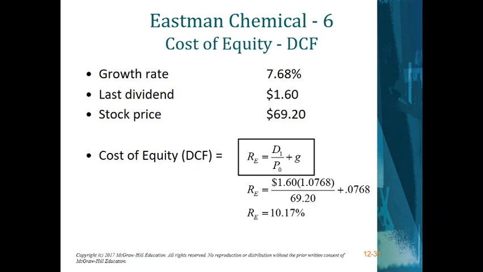So you'd take 1.60 as your last dividend, so that would be D0, and multiply that times 1.0768 and divide that into the stock price, and then you add the 0.0768, so you're going to come up with the cost of equity of 10.17%.